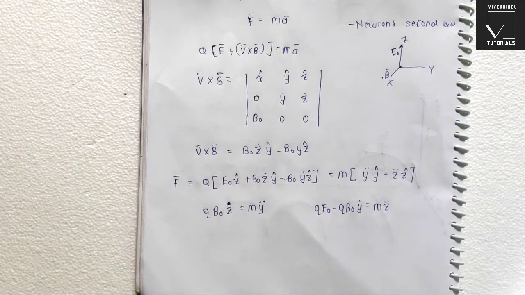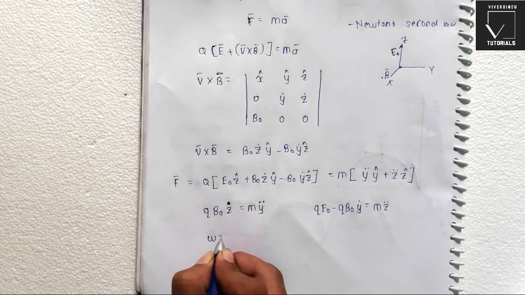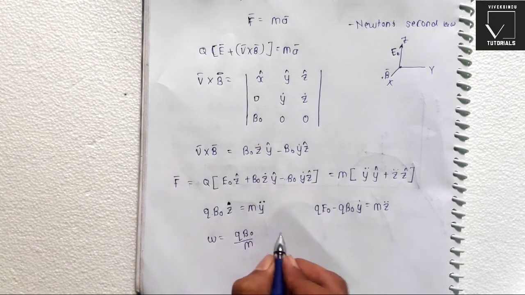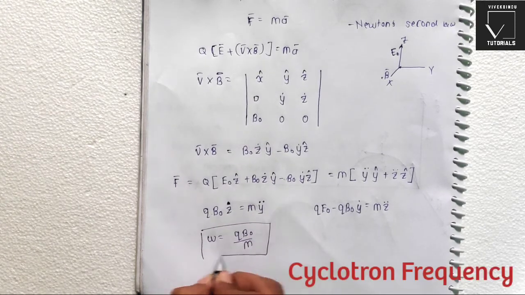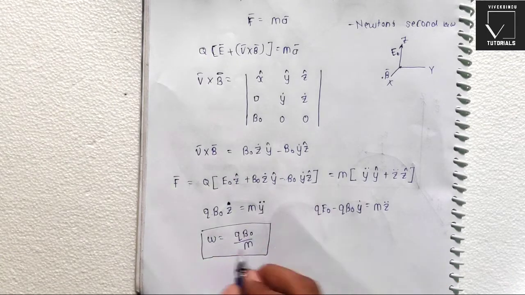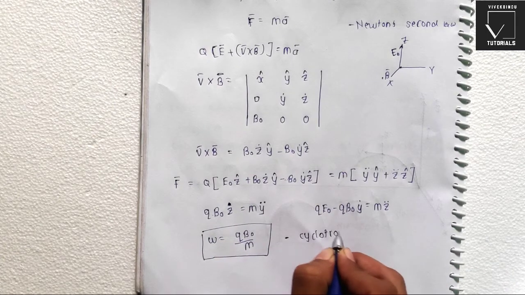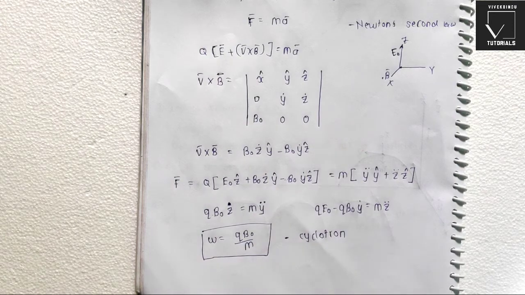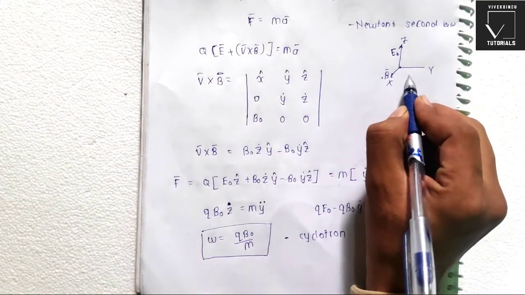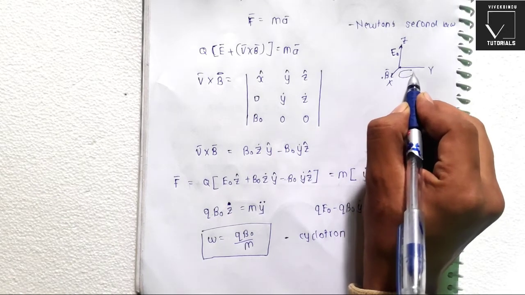First consider a term omega is equal to qB0 upon m. This is the cyclotron frequency. Cyclotron frequency means that if only a magnetic field is acting on the particle, it will trace a circular path.